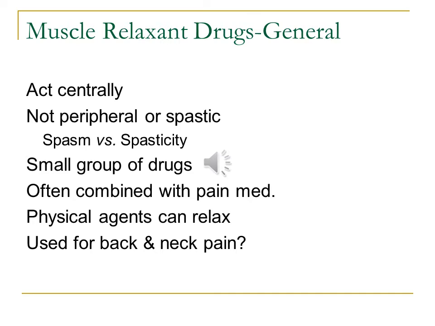Those types of skeletal muscle relaxant drugs would be used for individuals who have what would be classified medically as spasticity in the muscles. Again, that would be your cerebral palsy patient or patients who have had major trauma to the brain and spinal cord. Overall, we're dealing with a small group of drugs here.